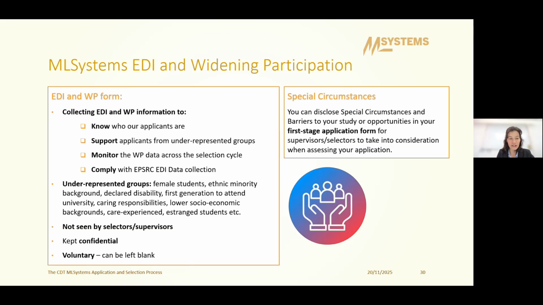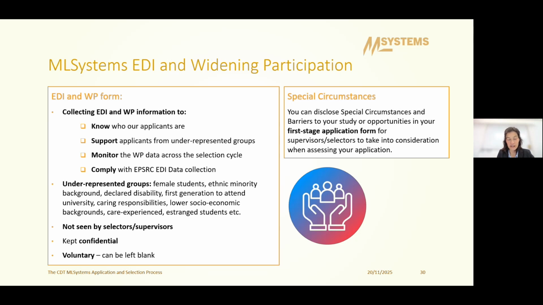Some of our underrepresented groups on the CDT are specifically female students, students from ethnic minority backgrounds or with a declared disability, students who are part of the first generation in their family to attend university, students who have caring responsibilities, who are from lower socioeconomic backgrounds, who are care experienced, Eastern students, etc. There are a few other categories that are detailed on our website.